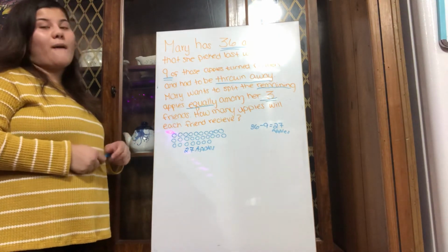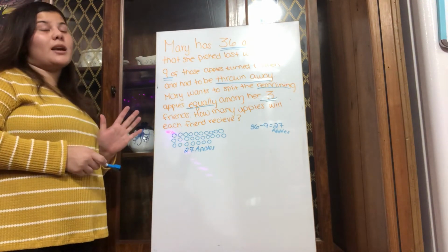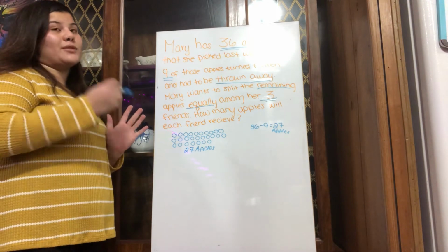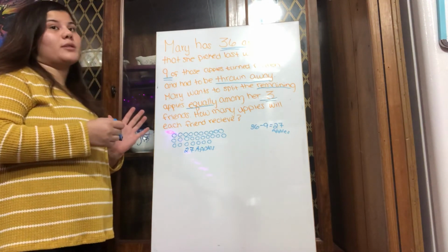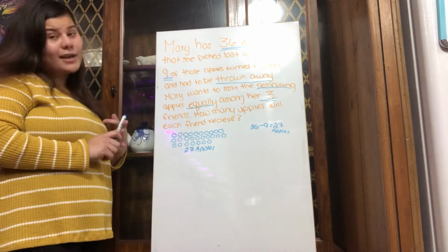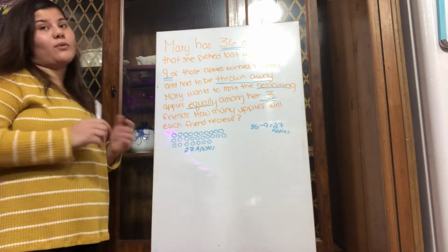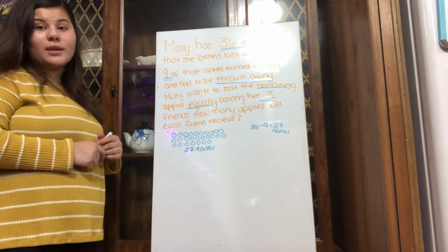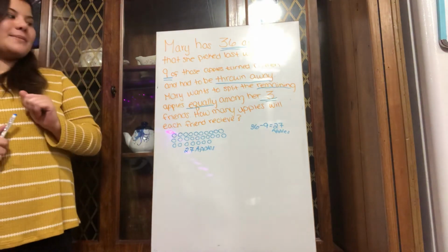I'm going to give you about 5 minutes to do this, and you're going to write your answers as well as your work on your whiteboards. I also want you to show pictures, numbers, and words for how you arrived at that problem. All right, let's go ahead and give you those 5 minutes.